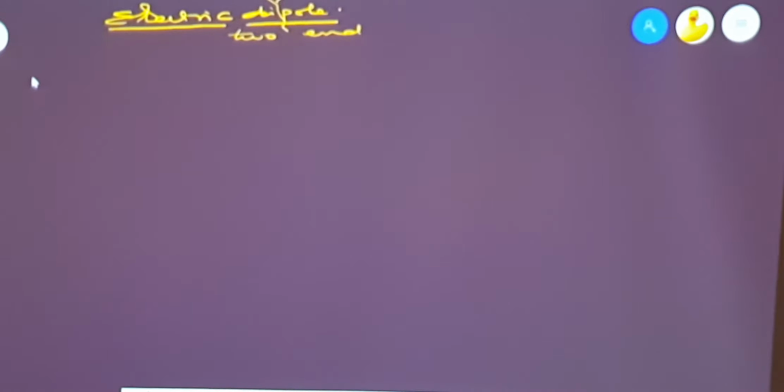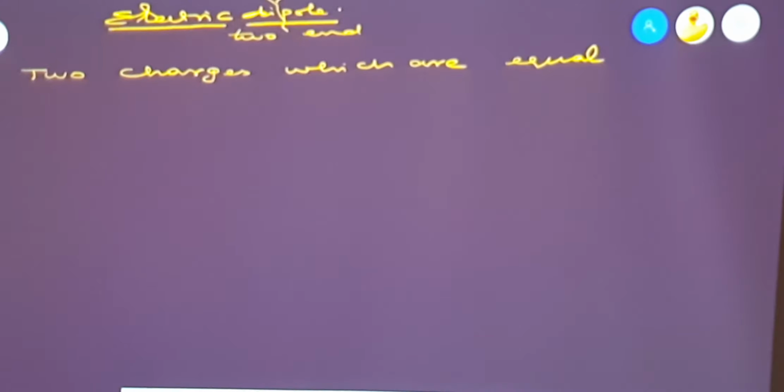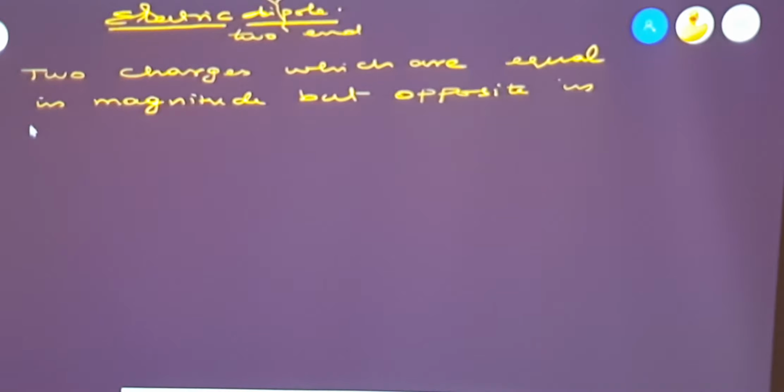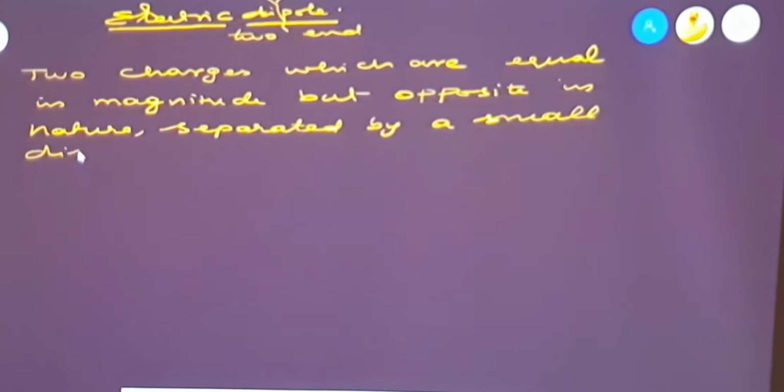Regarding the definition, it is stated as two charges which are equal in magnitude but opposite in nature, separated by a small distance, said to constitute an electric dipole.